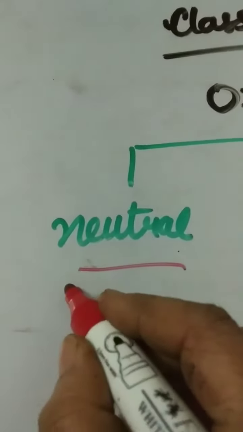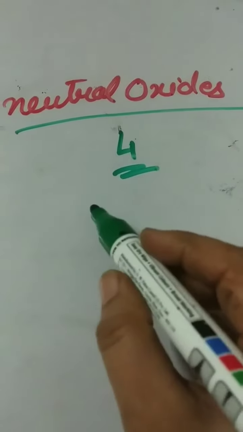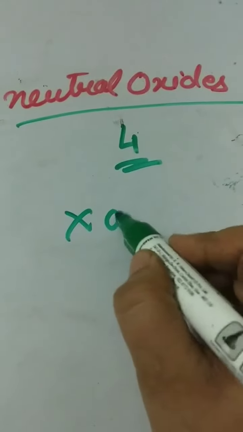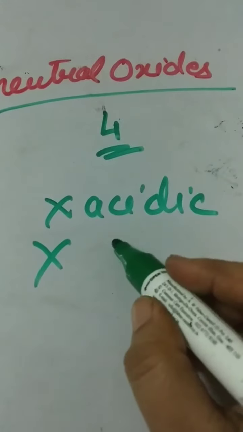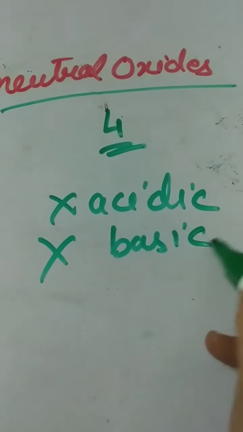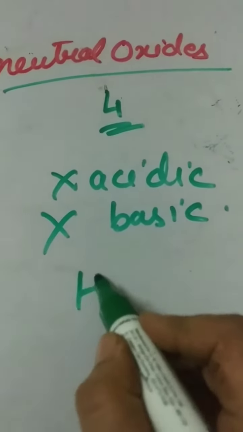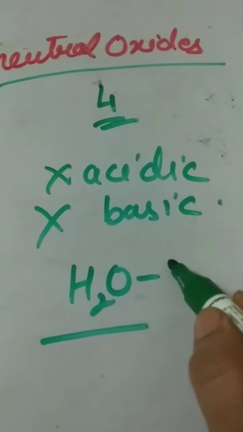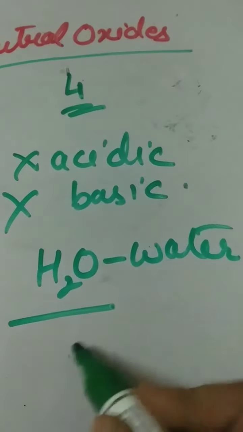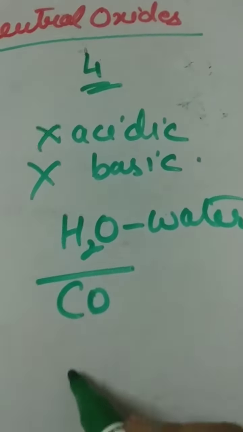Neutral oxides, which are 4 in number, are neither acidic nor basic. They are basically H2O, water, carbon monoxide, nitrous oxide, nitric oxide.